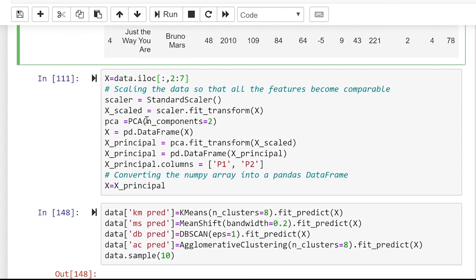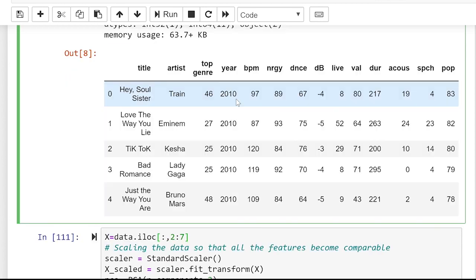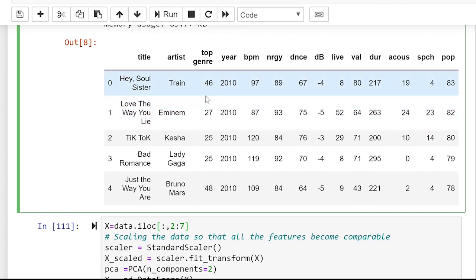Let's continue. Scaling in clustering algorithms is really important. Why? Because we are checking the distance. Some numbers are super small, but some numbers are so big.